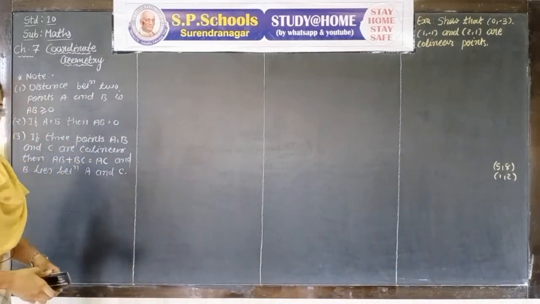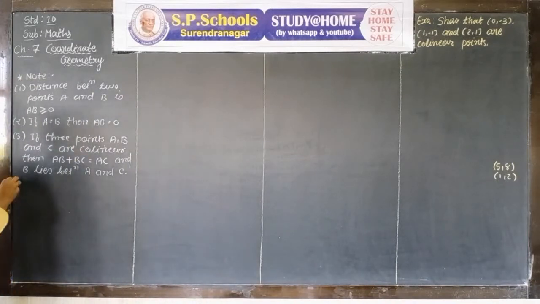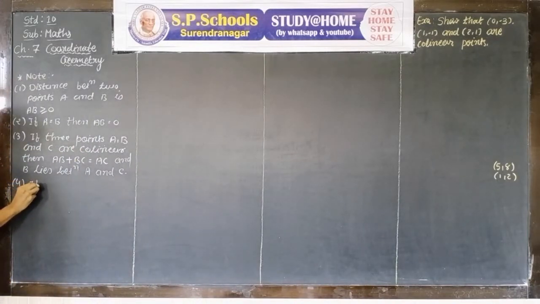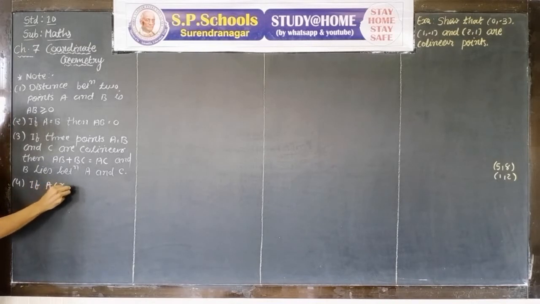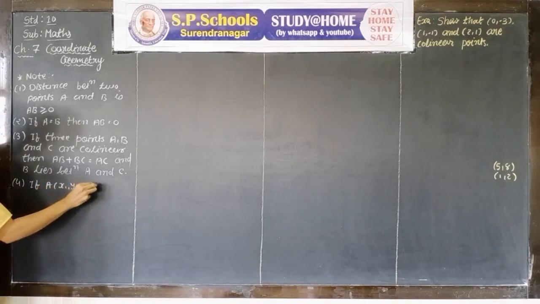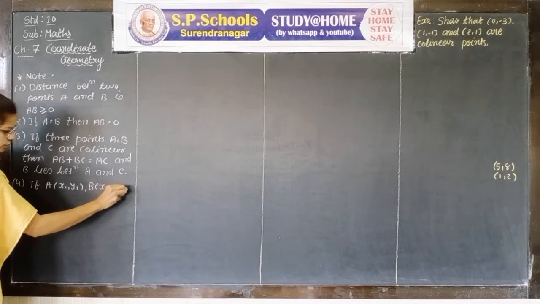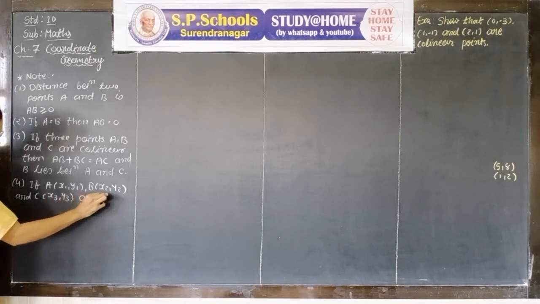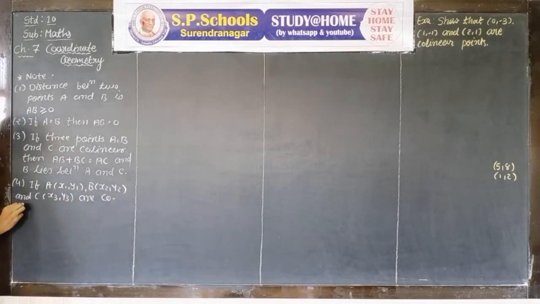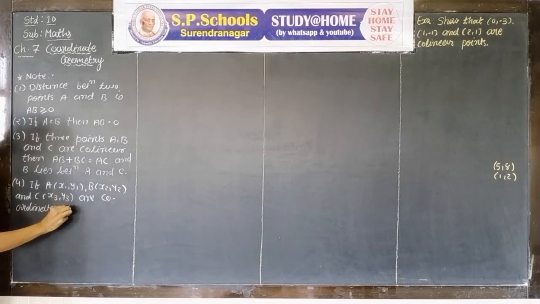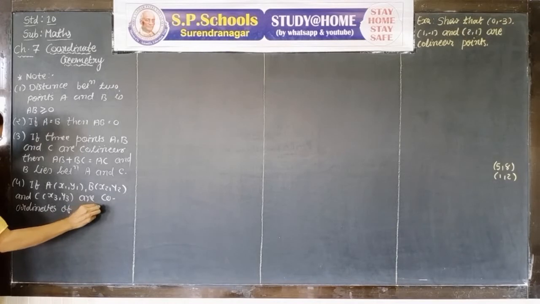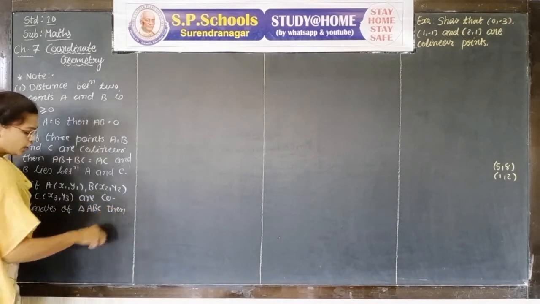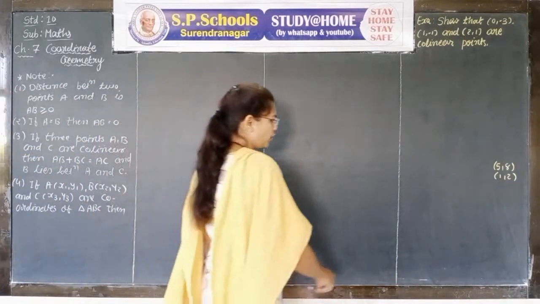Now we discuss one note about triangles. Fourth: if A(x1, y1), B(x2, y2) and C(x3, y3) are the coordinates of triangle ABC, then we know there are lots of types of triangle.